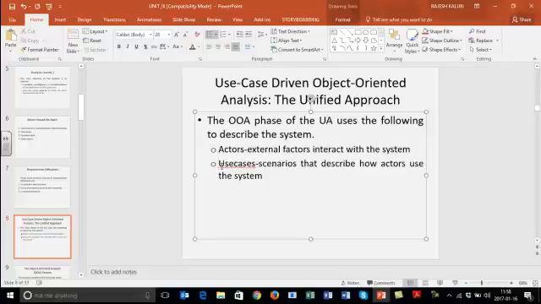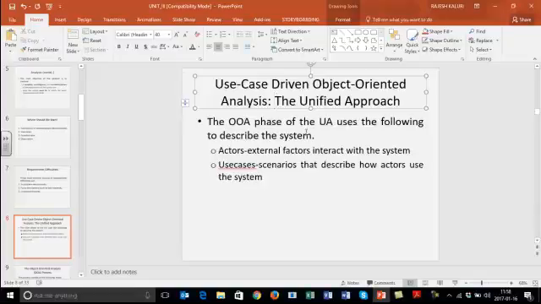Generally, when you identify an actor, that means the external factors which interact with the system. So actors and use cases are the prominent elements in this particular approach.